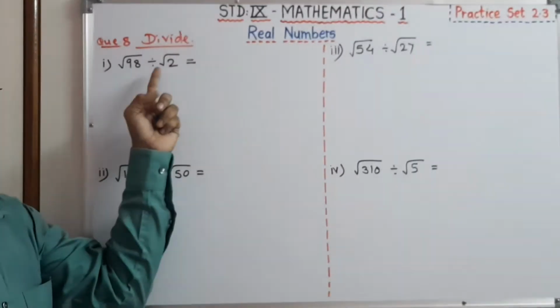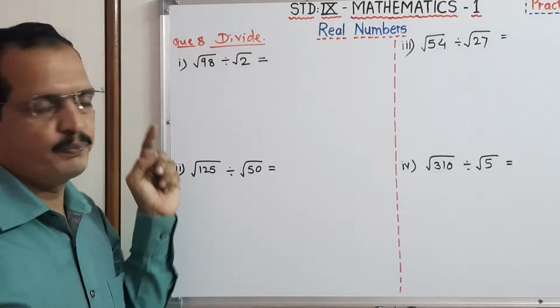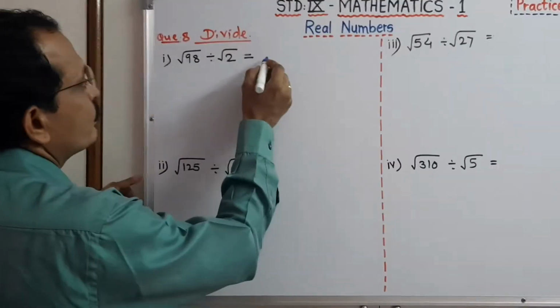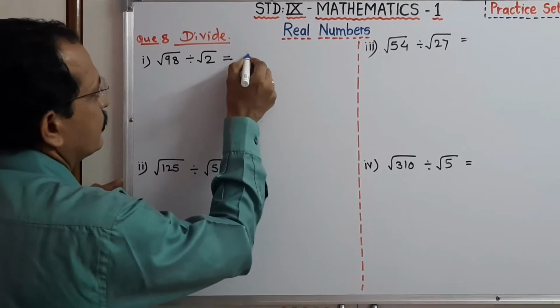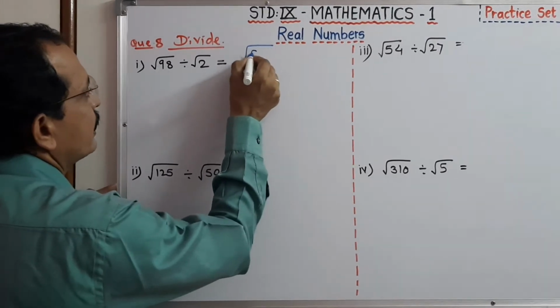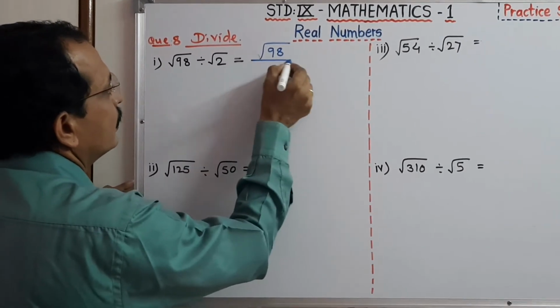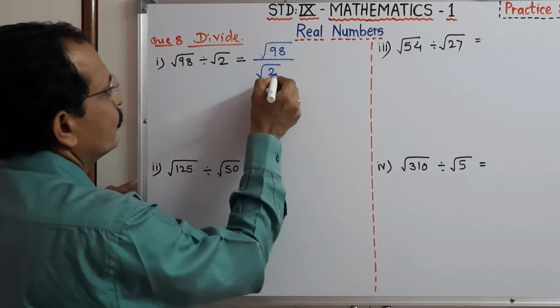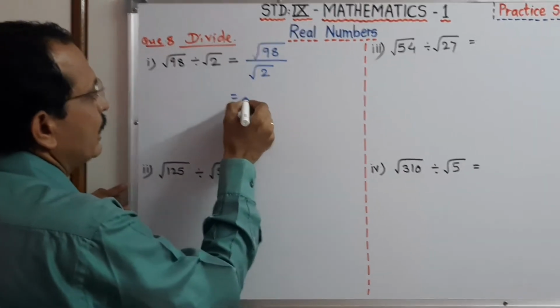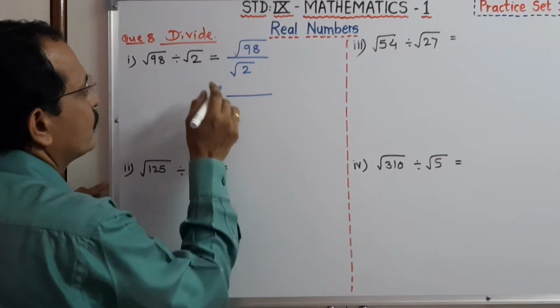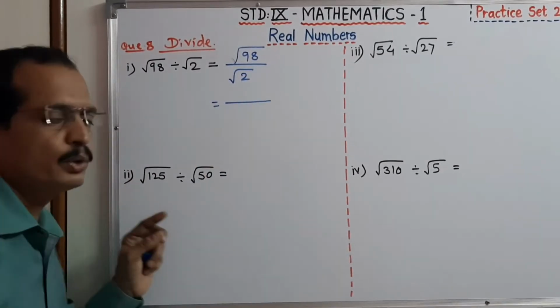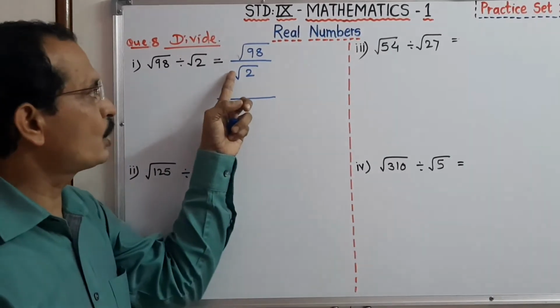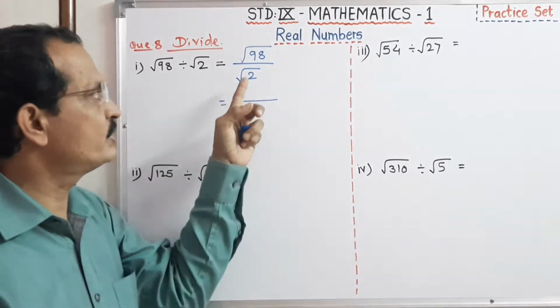Root 98 divided by root 2. Dear student, we can write it as root 98 upon root 2. As all of you know, the order is 2 here and the order is also 2 there, therefore we are doing the division.